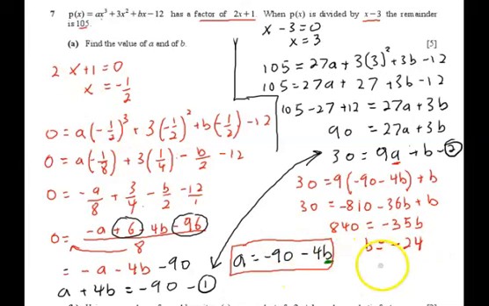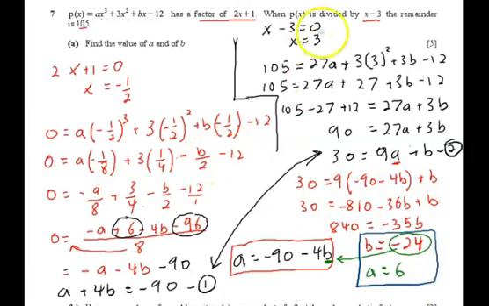You take this value, sub inside here, and we calculate negative 90 minus 4 multiplied by negative 24. You'll be getting that a equals 6. Okay, so this is your answer for part a. The working is quite a lot and they give you about 5 marks.